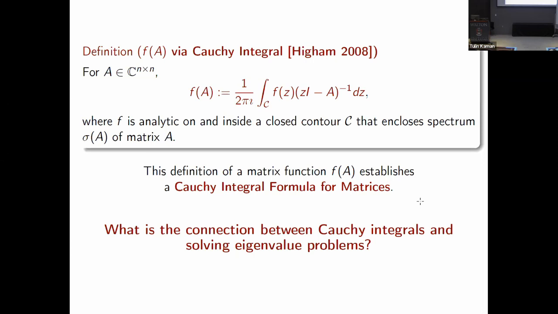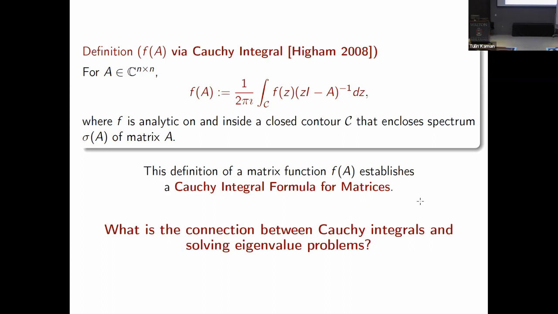So one of the very important objects for today is representing a matrix function f of A, where A is a matrix, using the Cauchy integral. And if someone is more interested, you can learn in Higham 2008, the famous book on matrix functions. So if f is a function, but now we are evaluating it on the matrix. What we learn in linear algebra is: okay, if A is diagonalizable, we can just evaluate f on the set of eigenvalues and so on.